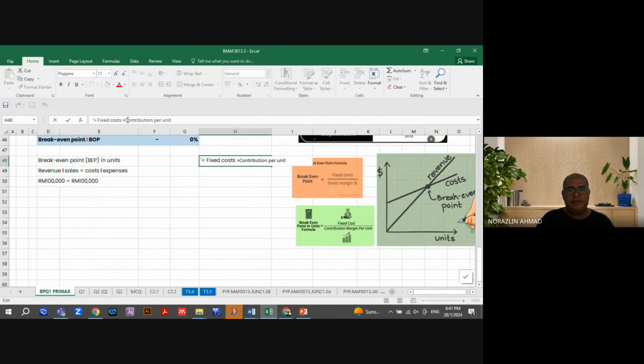Fixed cost, you divide by contribution margin per unit. Fixed cost is RM 150,000. You divide by contribution margin just now, RM 75.